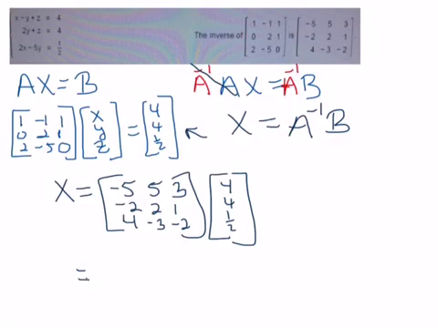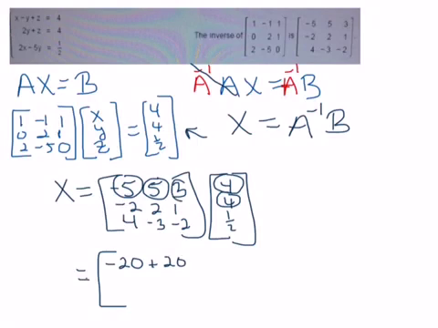Now remember, when you multiply matrices together, you take the row of the matrix on the left and multiply each component by the components of the column in the matrix on the right. So here we'll go -5 times 4 is -20, and 5 times 4 is +20, and 3 times 1/2 is 3/2.